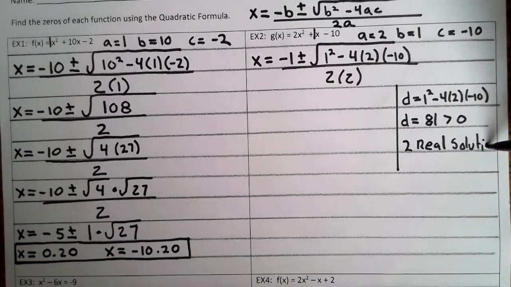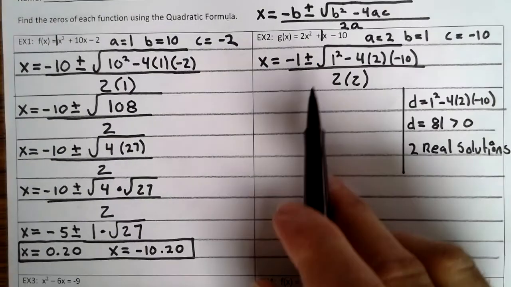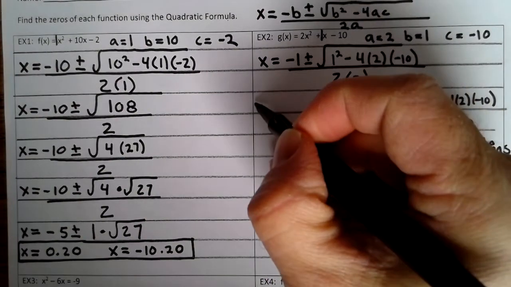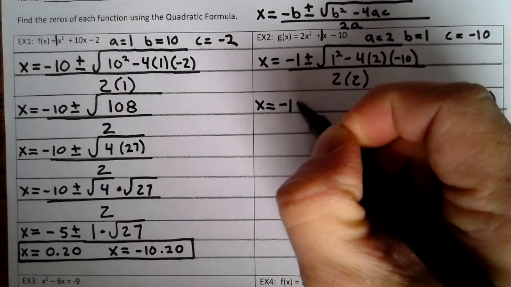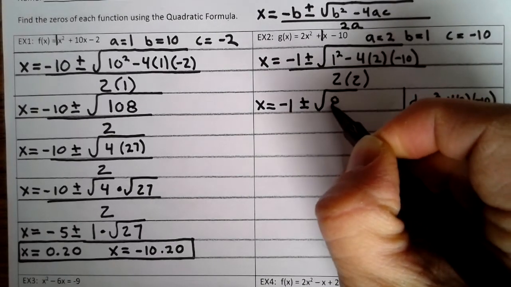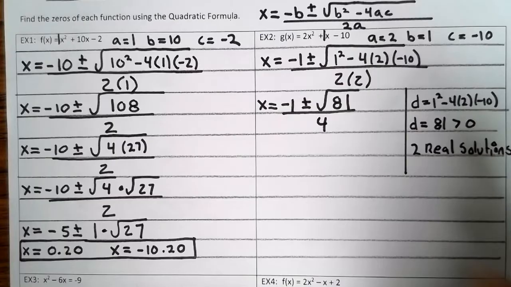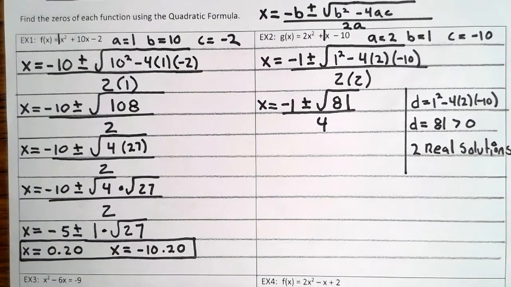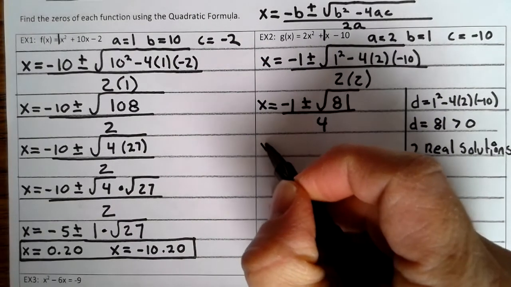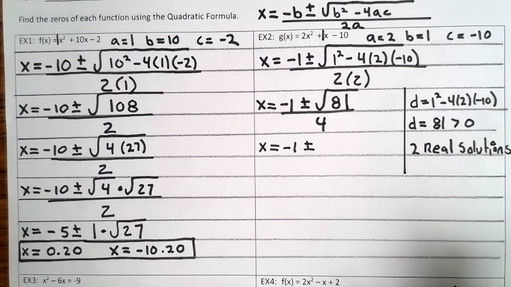Okay, so now let's apply these numbers and find the two real solutions. So x equals -1 plus or minus, well, we know that this is the square root of 81 divided by 4. So then that's x equals -1 plus or minus the square root of 81, which is 9, divided by 4.